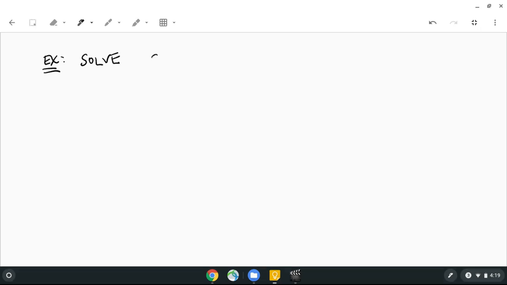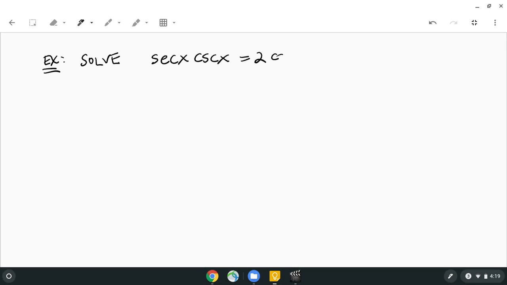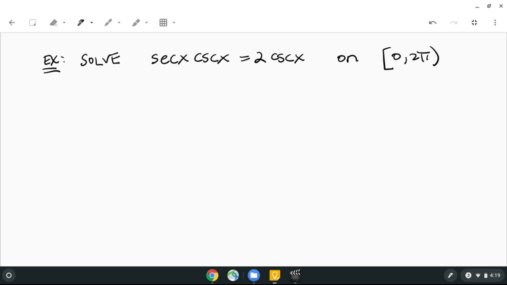As opposed to something like this, if they say solve secant x cosecant x equals 2 cosecant x on the interval from 0 to 2 pi, they mean to just give the angles that are solutions that fall within that one circle, 0 to 2 pi.